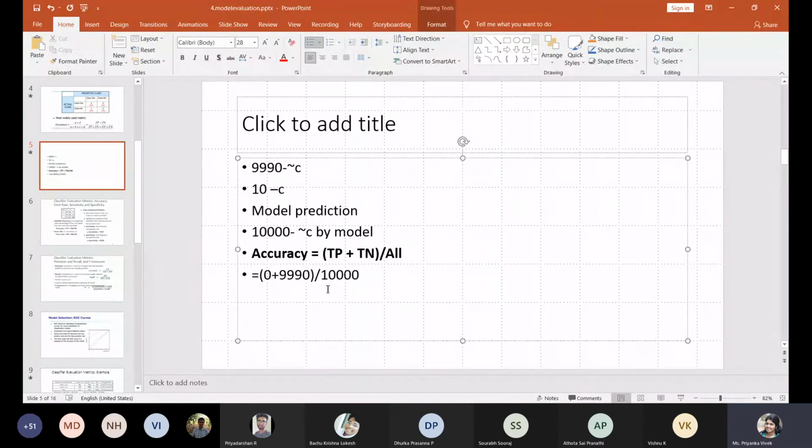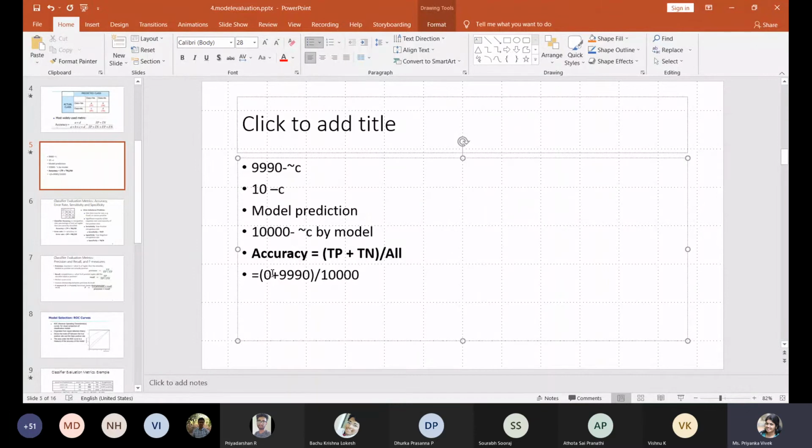The value is very high because we have a huge number of samples in one class, and that is predicted correctly by our model.